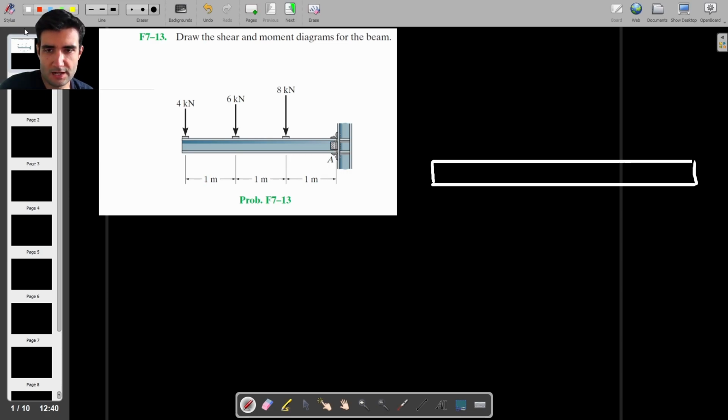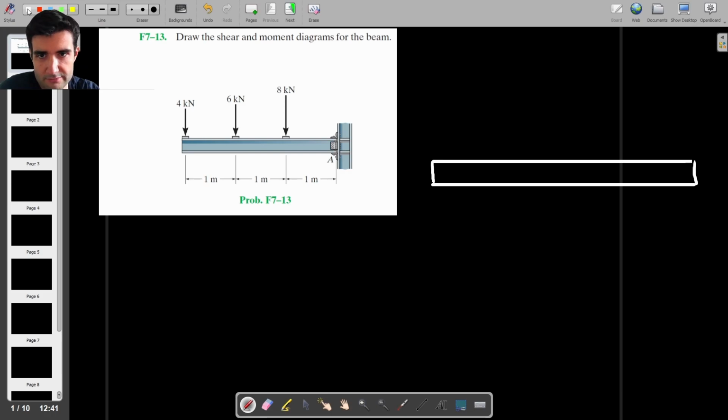So in this case, the beam is not supported on the left. There's no point in finding the reactions on the right because we're not going to use them for anything. So I will draw the free body diagram, but other than that, I won't find them. I'll just jump straight into finding the shear force and the bending moment.